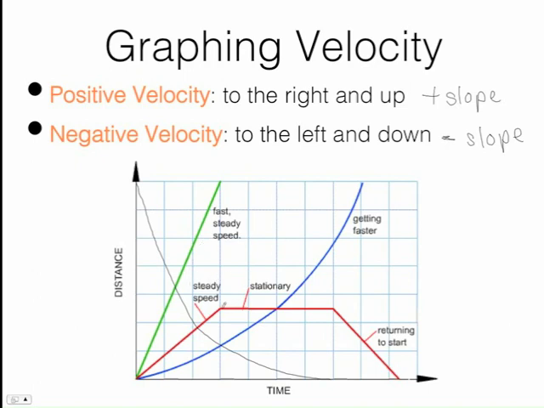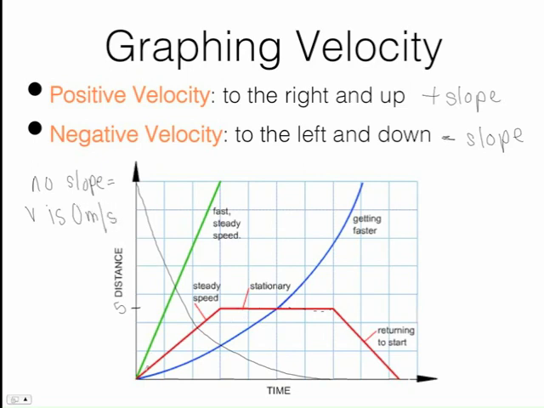And then if you have a completely horizontal line like this, let's say this distance is 5. If it's horizontal like this, it's 5 the whole time. So that means it is stationary. If you have no slope, your velocity is 0 meters per second.